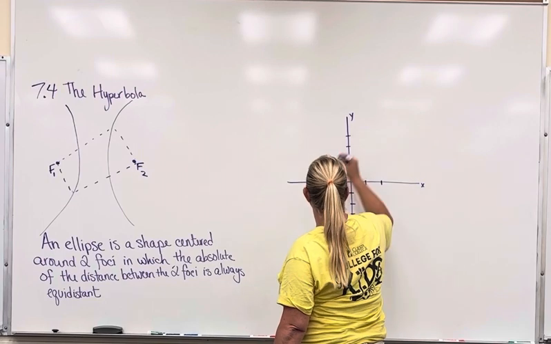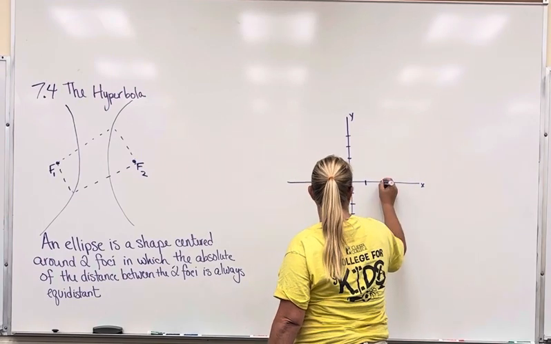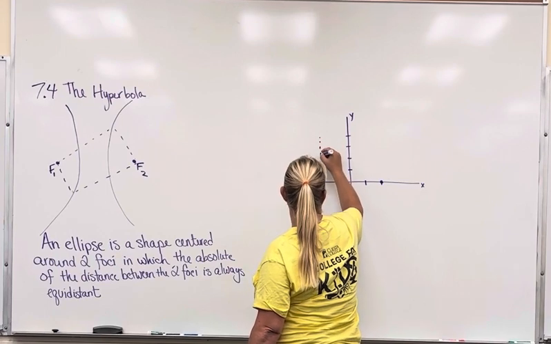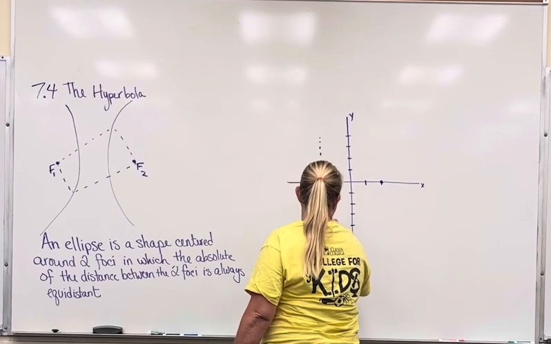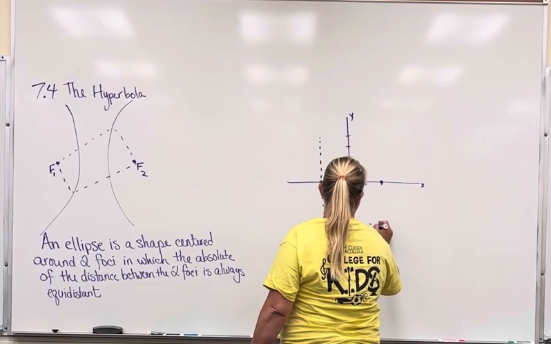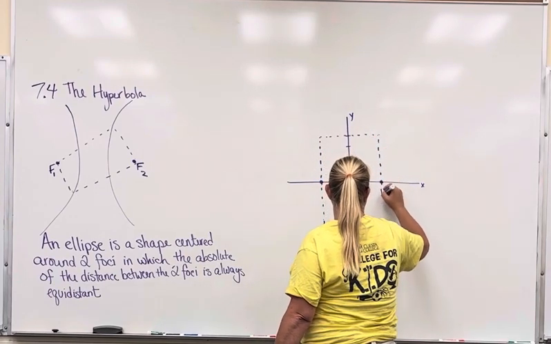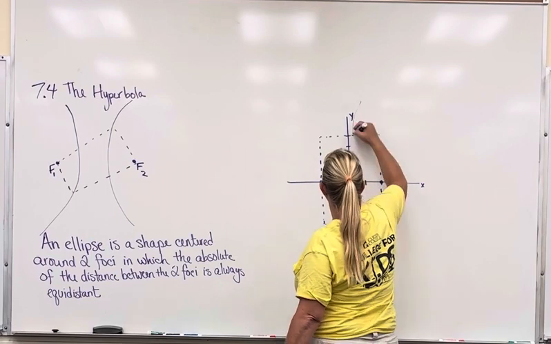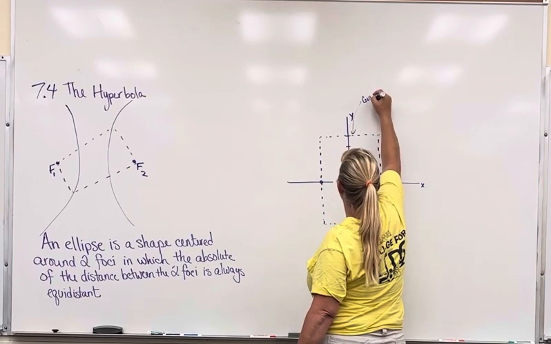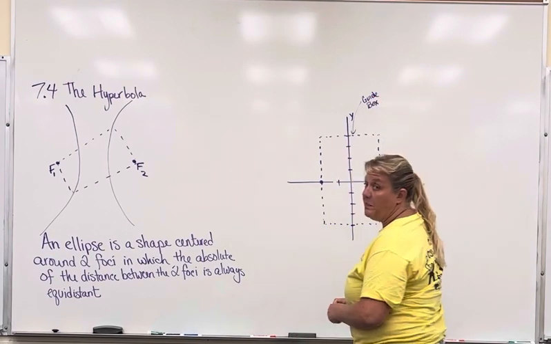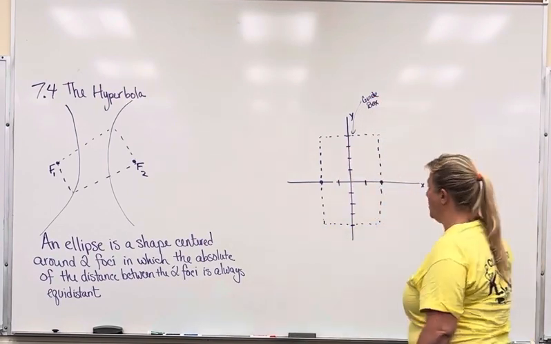Okay. So let's say, actually, you know what, I'm gonna go the whole way. So what I'm gonna do is create what we call the guide box. Okay, so this guy is the guide box, and this is how we're gonna go about graphing this, with this guide box to make it look a little bit better.